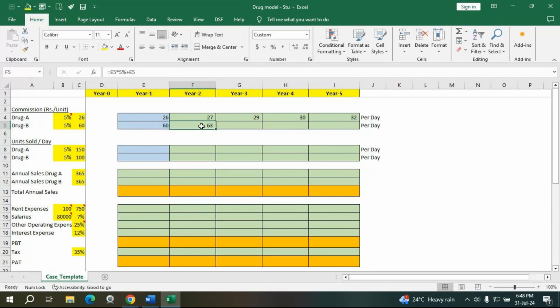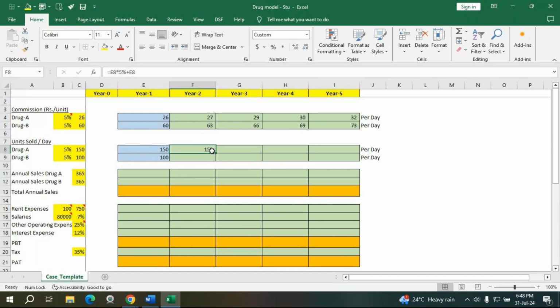So I'll come here and drag it. And in the units sold, they are also telling year on year 5% is the growth. So here I'll take 150 and 100. And here it would be previous year value into 5% plus the previous year value.